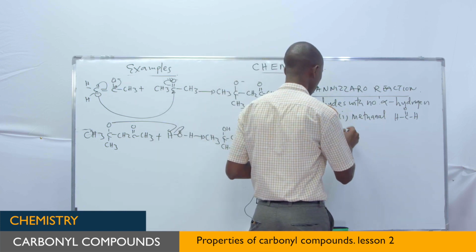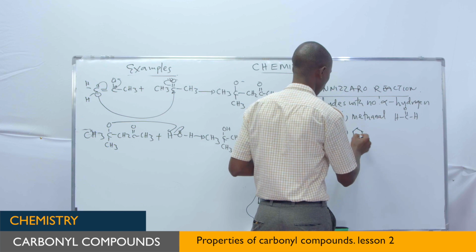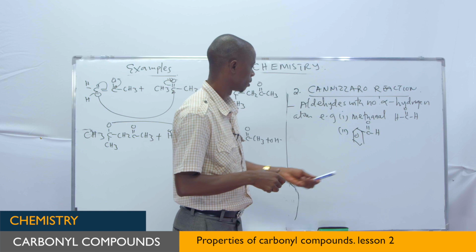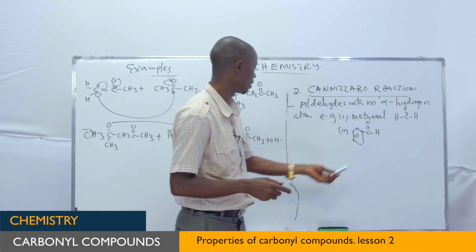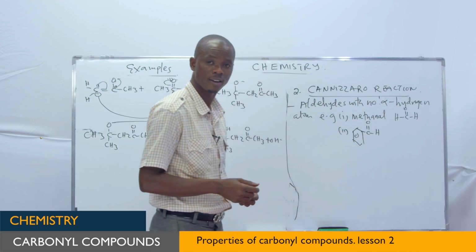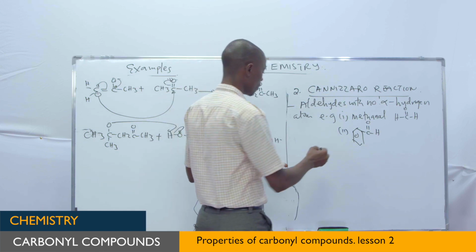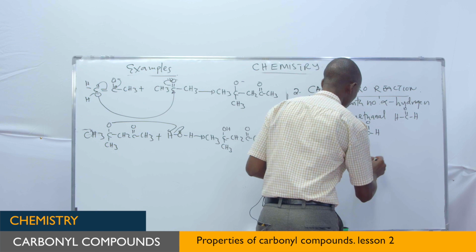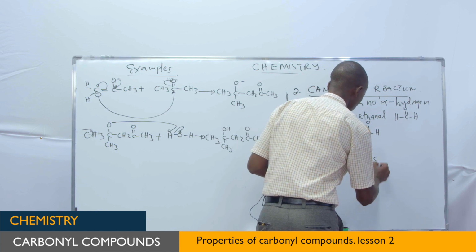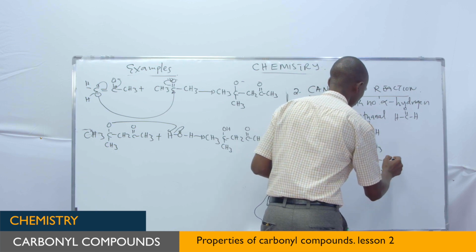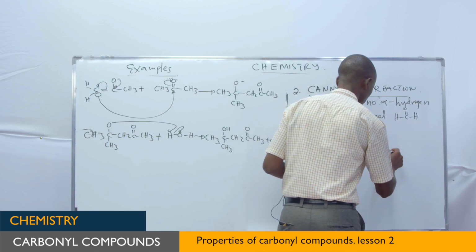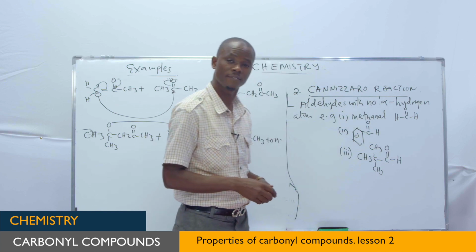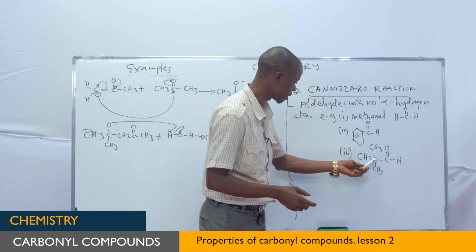The second example is this one. This is benzaldehyde. It lacks alpha hydrogen atoms. The third one also lacks alpha hydrogen atoms because this carbon is tertiary.